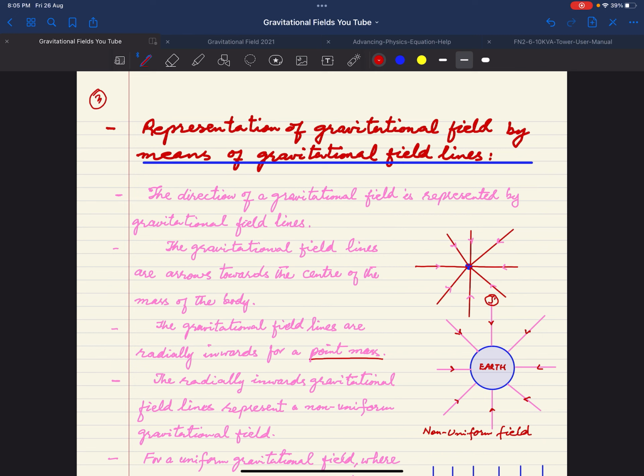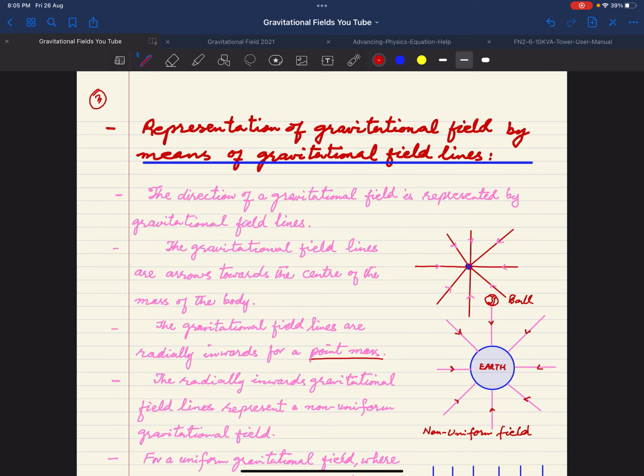What are you using this ball for? Simply, we want to determine the direction of the field, and the force on the ball is giving you the gravitational field strength and the direction of the gravitational field.